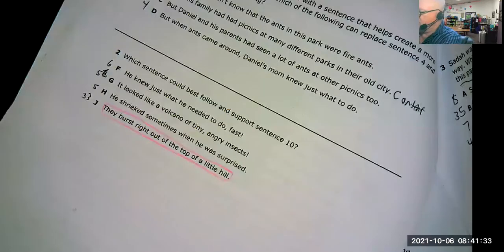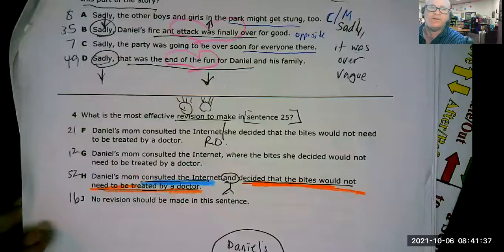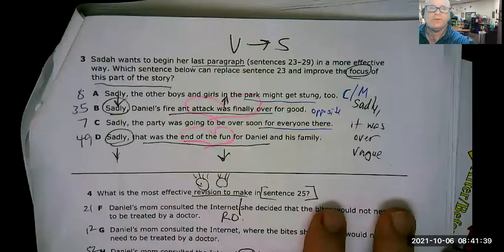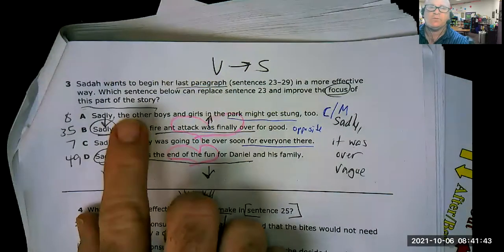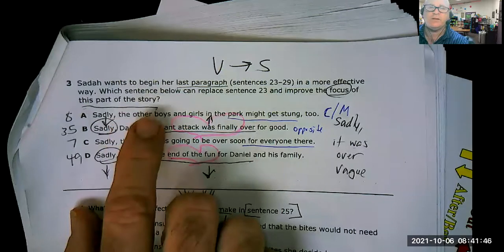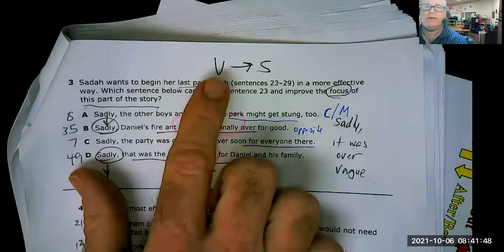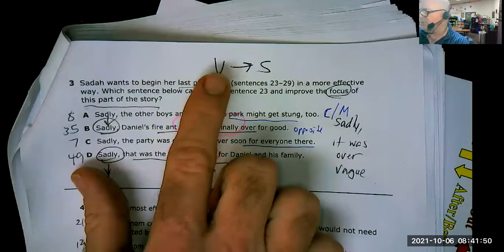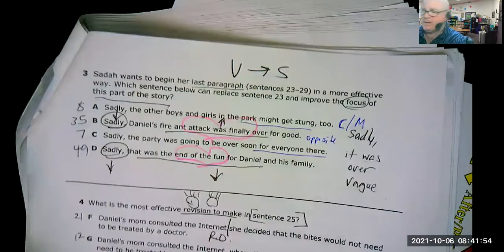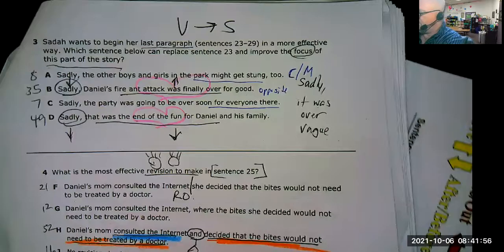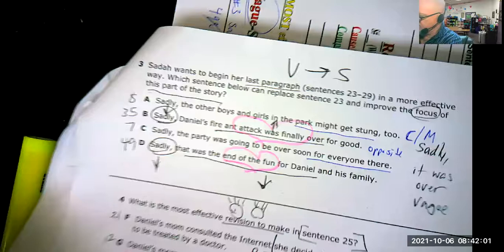Just wanted to make sure that what I thought was the correct answer was in fact. So the second most missed question was number 3. It was where they need to take something that's too vague and make it more specific. And as you remember on my little rules acronym, my little friend, what did I do with him?